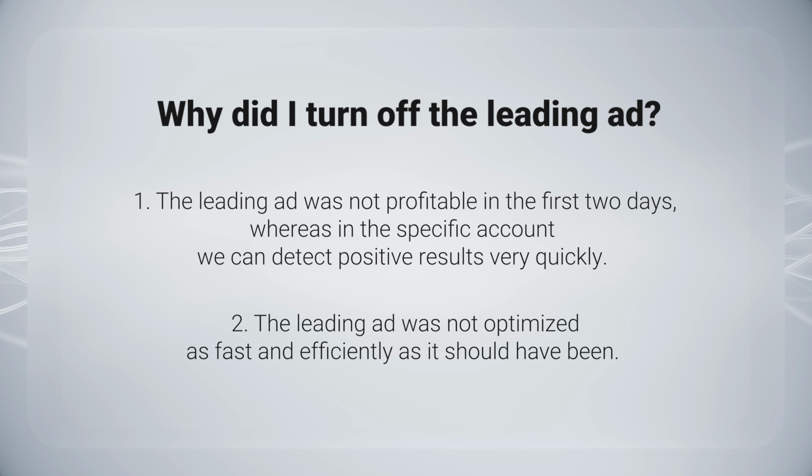Secondly, I didn't like the way that the campaign was optimizing it, because it's one thing to have a leading ad which since day one is having good ROAS, and another thing to wait for this leading ad to have good ROAS eventually. Sometimes the leading ads don't go to profitable ROAS and they just stay on the same ROAS. On the other hand, when I closed it, I saw that the next one was having very good ROAS and it kept having good ROAS.